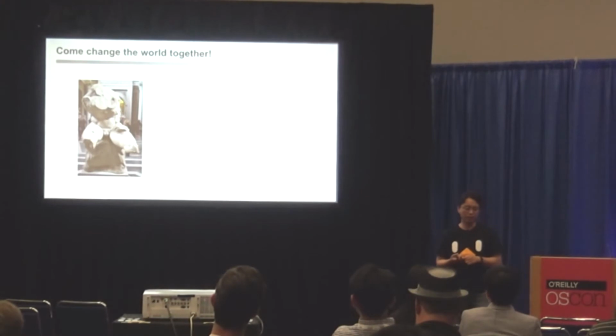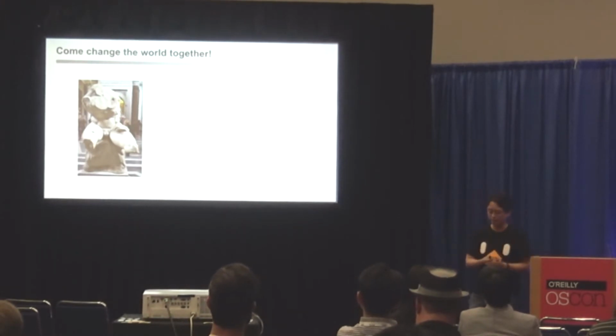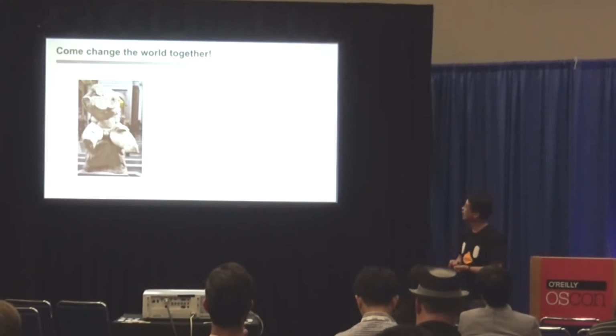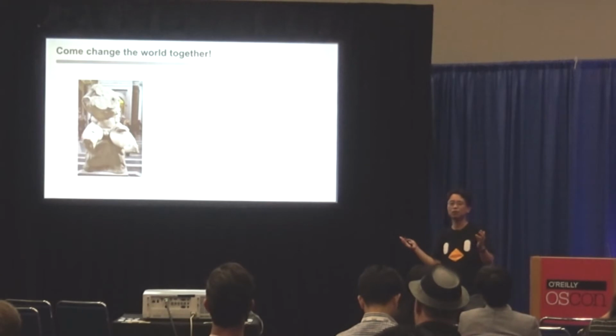Recently I visited Italy, and in the Vatican I visited the Vatican Museum. And I saw this torso. It was created by someone a very long time ago, and it doesn't have arms or legs.